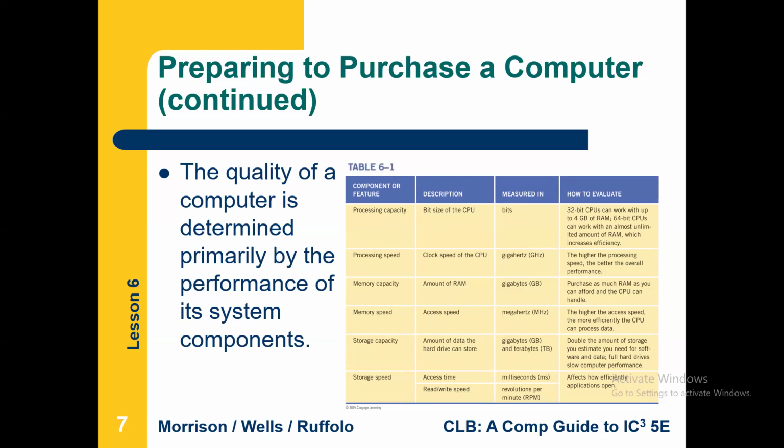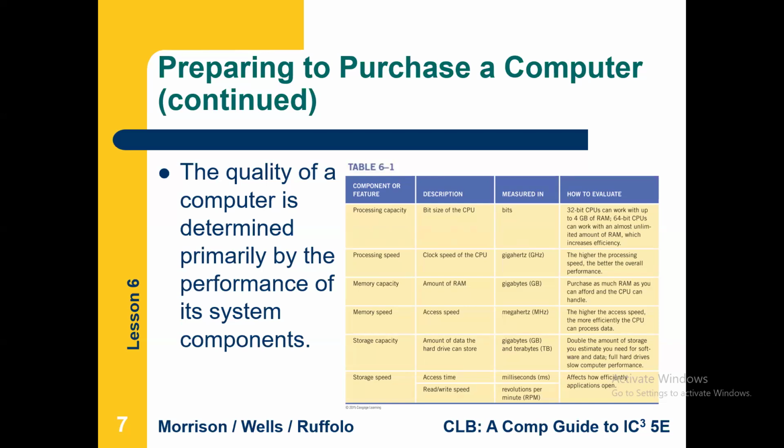Then the write and read speed also tells you the amount of time that the system can go into the memory, fetch that data and bring it to the CPU for it to be executed. It is determined by the read or write speed of your system or your hard drives.